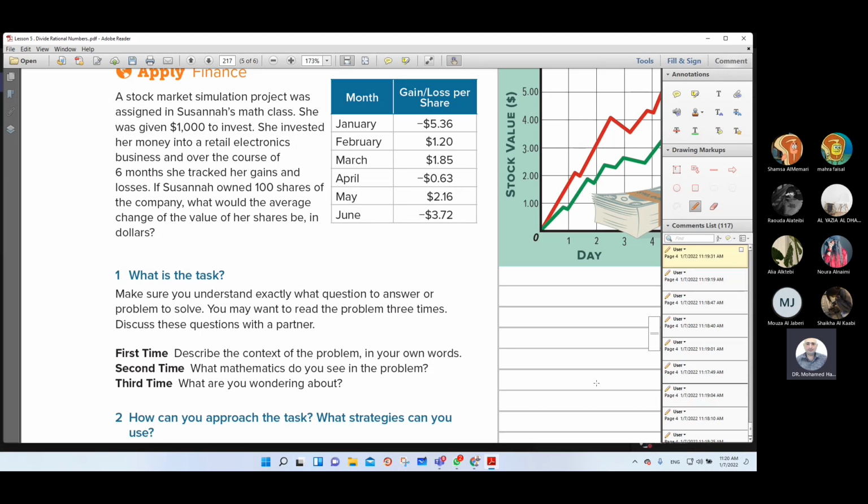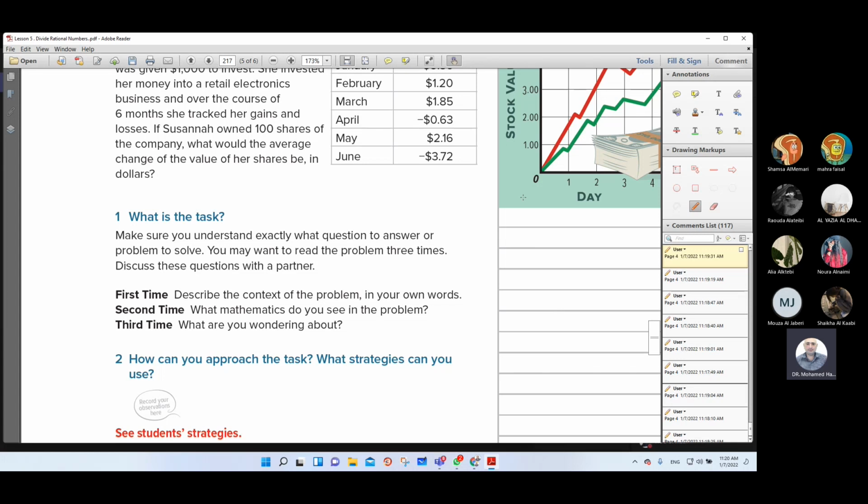Okay, what do we do when we see a word problem? At first, what is the task? Make sure you understand exactly what question to answer or problem to solve. You may want to read the problem 3 times and discuss this question with a partner.